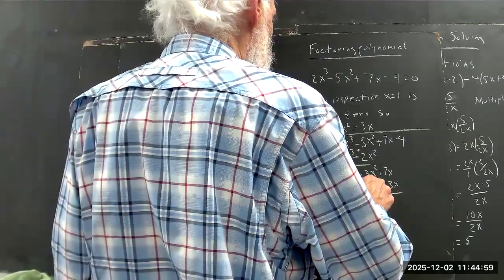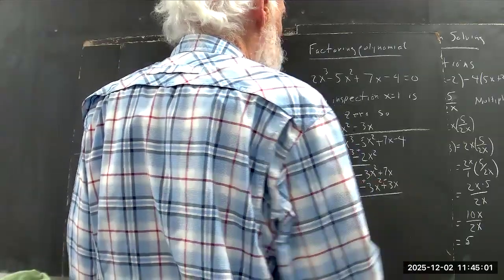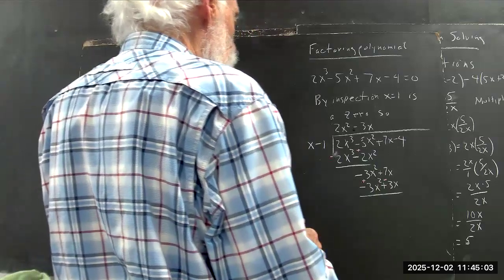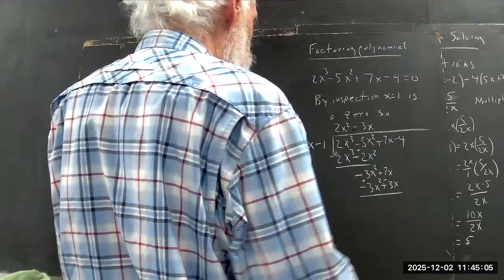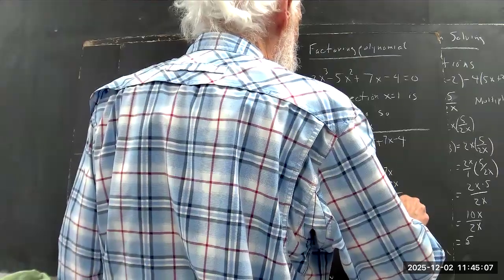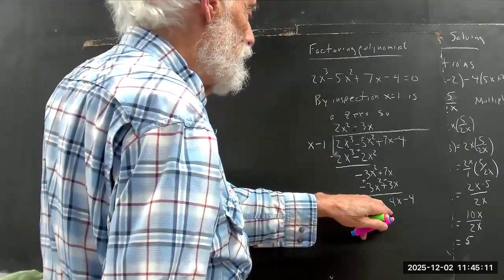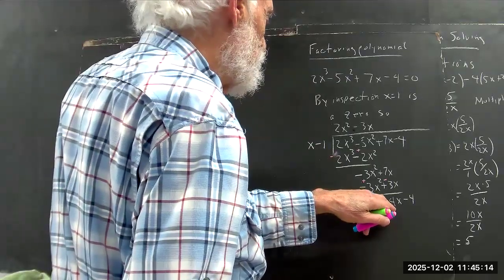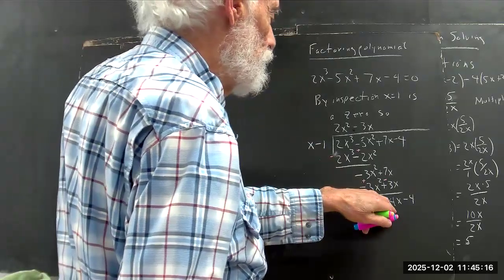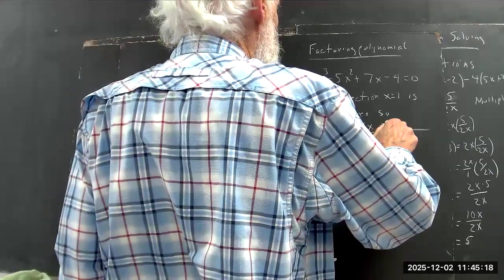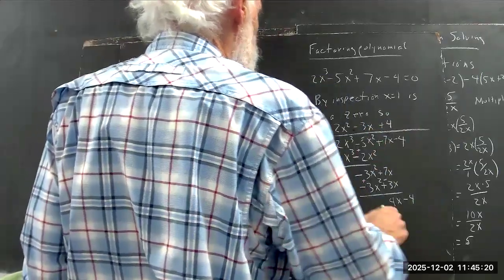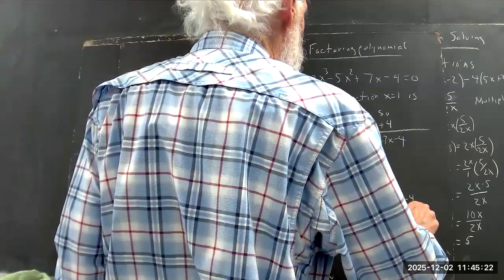Now we're going to add this one and actually subtract this one. And that's going to leave us 4x minus 4. x will go into 4x 4 times. 4 times x minus 1 gives us 4x minus 4. And we're done.